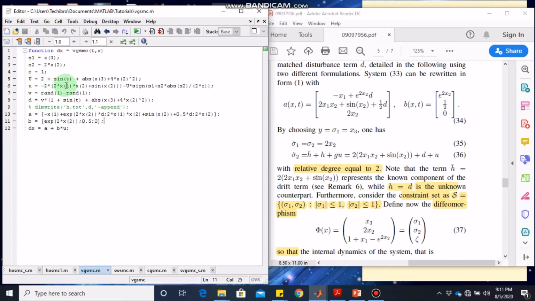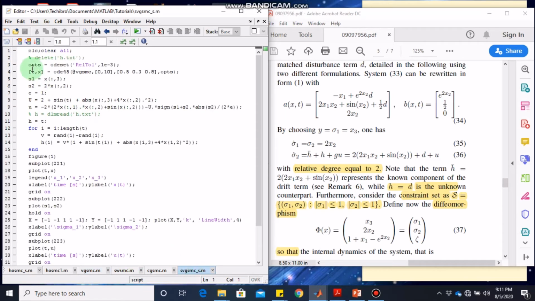So this is the whole variable gain function, and in order to call this function I have also written the script file. In this script file, first of all, these are the standard commands CLC and clear all, and then this is the options command for the ODE 45 function. It is up to you whether you want to use this command or not.